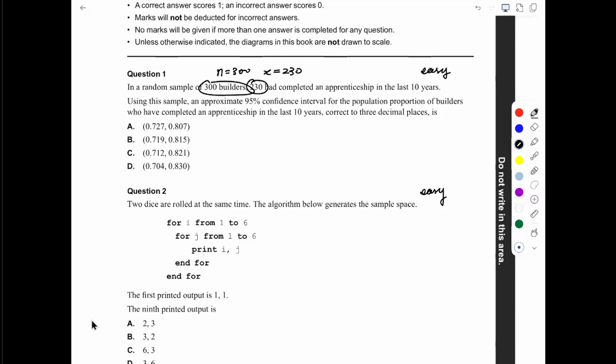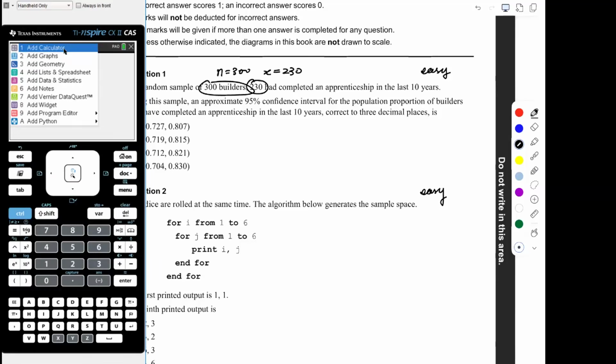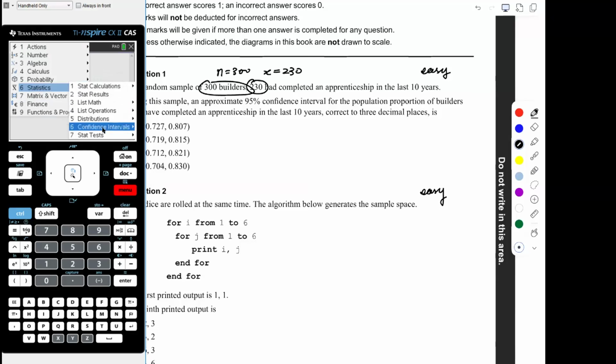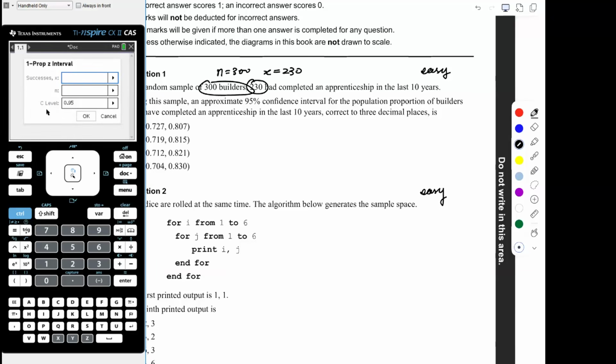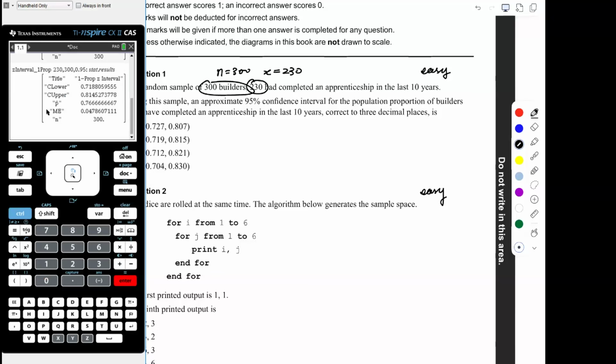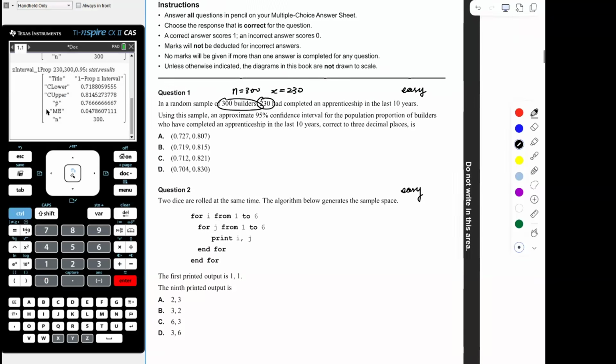To find a 95% confidence interval, you just go to menu, statistics, confidence intervals, and you choose one proportion z interval. So you have 230, 300, 0.95. And you get a confidence interval of roughly 0.719 and 0.815. Okay, so that's option B.